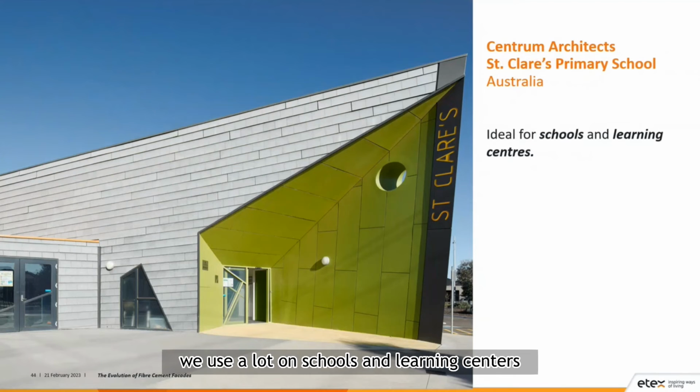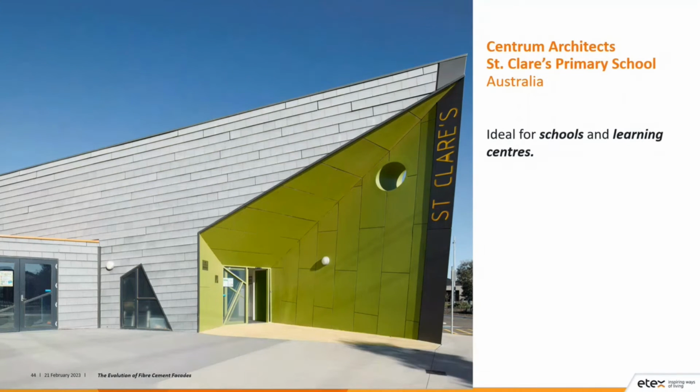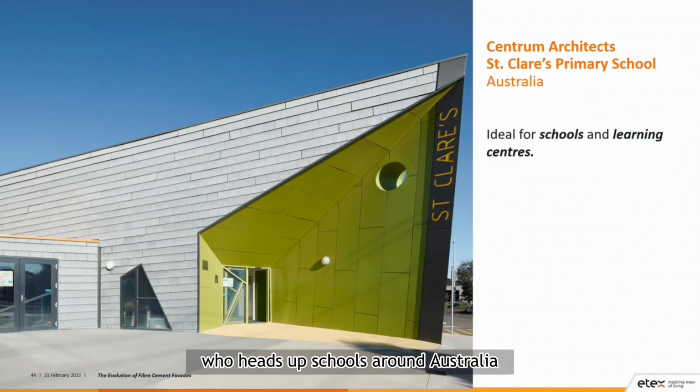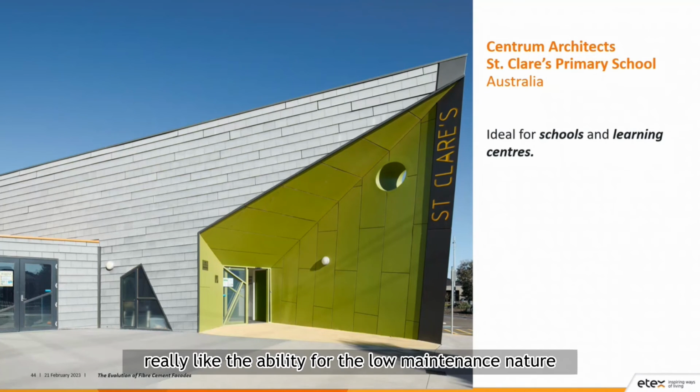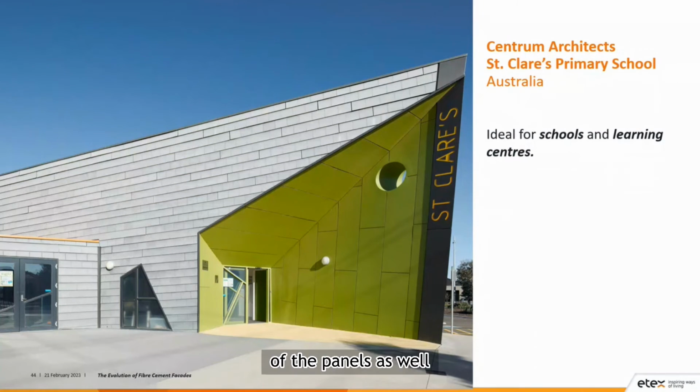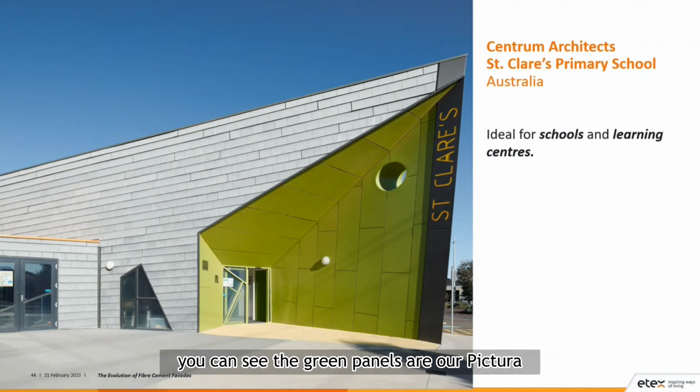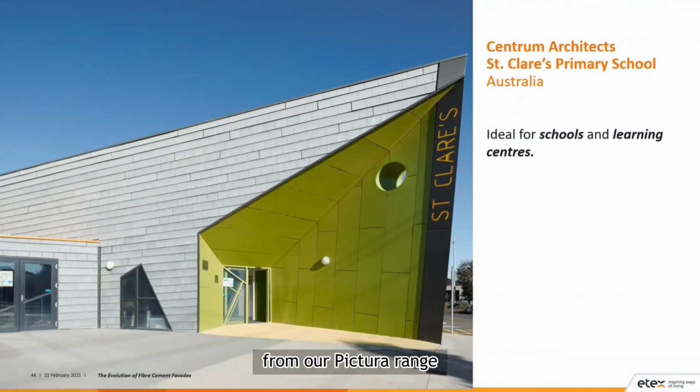In Australia, we use it a lot on schools and learning centres, and the reason is that the Department of Education, who heads up schools around Australia, really like the low maintenance nature of the panels. In this image, you can see the green panels are from our Pictura range.